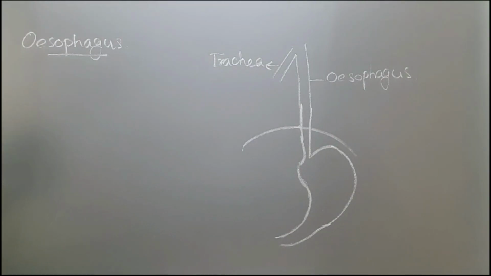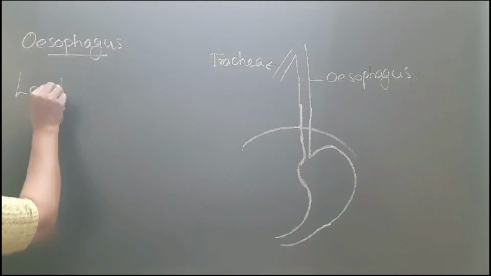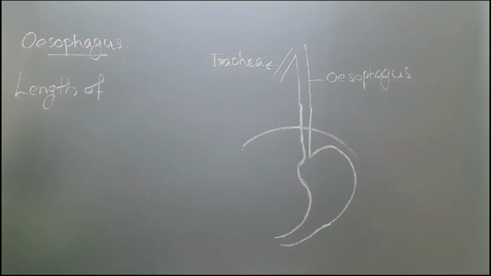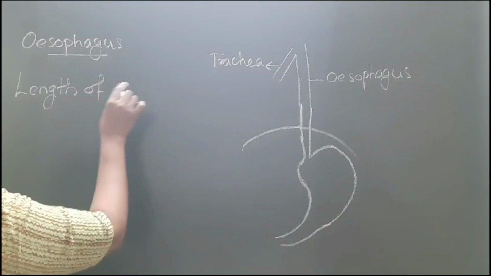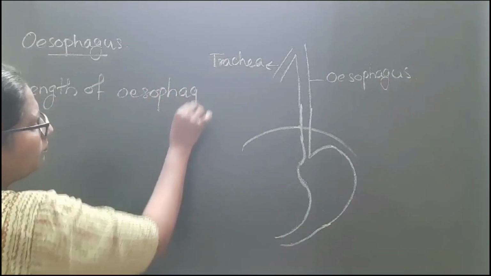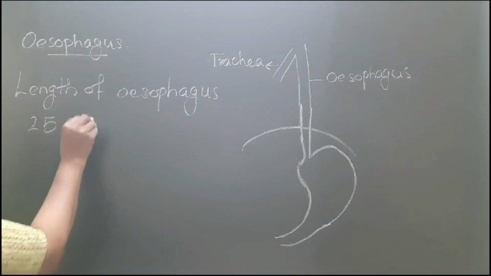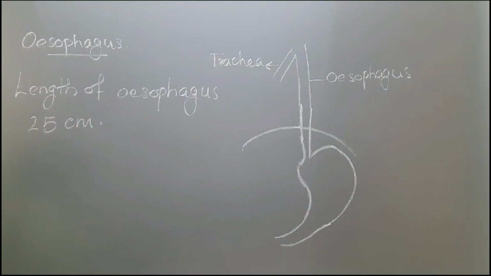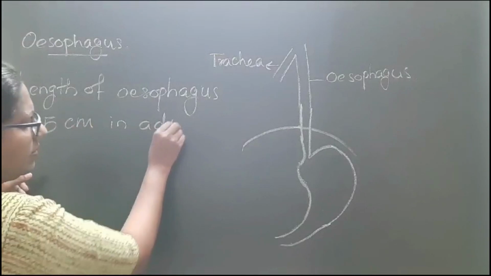Now let's see the length of the esophagus. In an adult, the length of the esophagus is 25 centimeters.